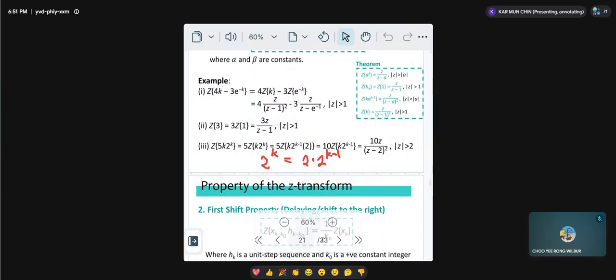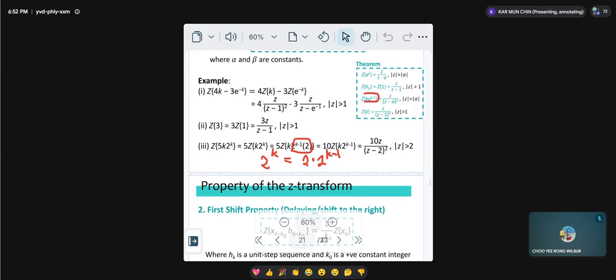If you want to make the power k minus 1, you can make it in this term. So it will be 2 multiplied by 2 to the power of k minus 1. You can see this term here. Got it? So they expand it so that the power will be k minus 1. When the power is k minus 1, you get this term, correct or not?